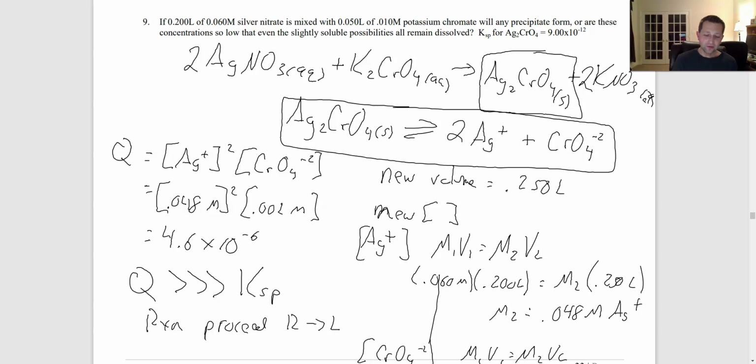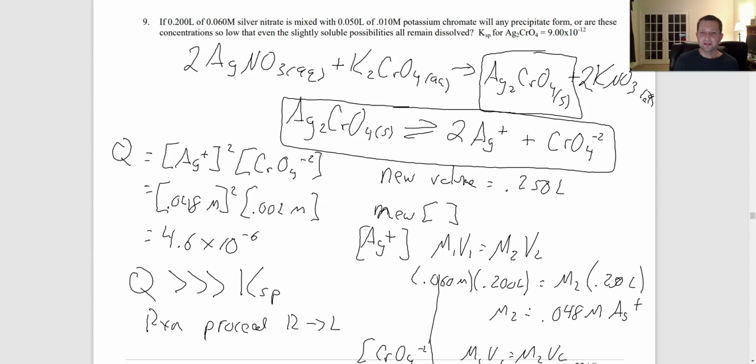The only way to make Q smaller, which we clearly need to do, because look how much bigger it is than KSP, is to take these values here and make them smaller. So you have to get your silver ion concentration and your chromate ion concentration smaller. There's too much of it floating around in that beaker. It needs to go back to the left and form silver chromate solid.